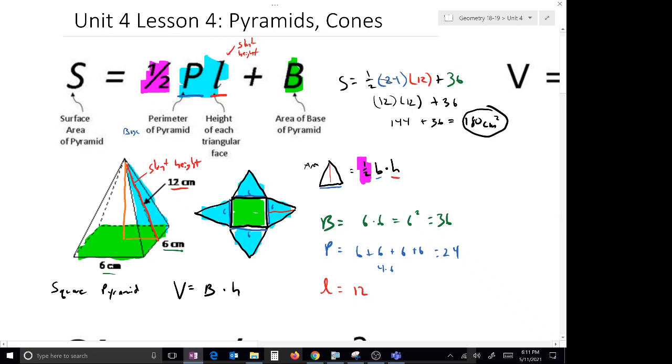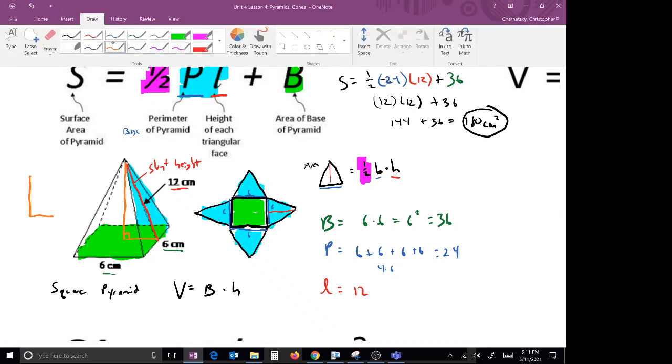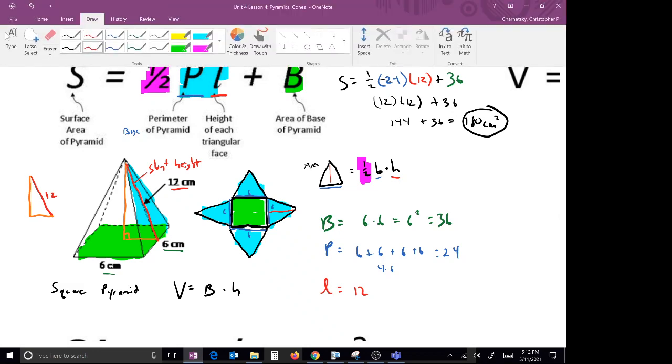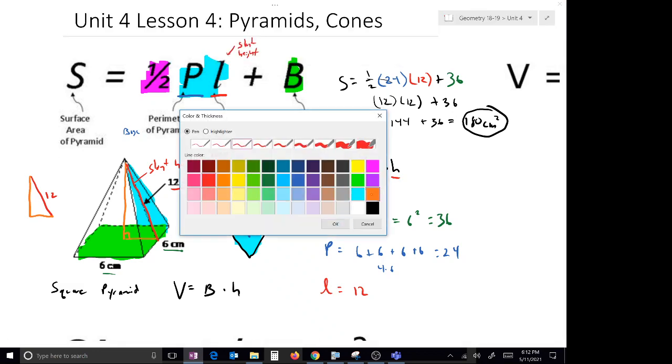The nice thing about this, though, is if you're not given your actual height, you're given the slant height, we can actually still calculate this because this forms a right triangle here. And so we can do Pythagorean theorem to find the rest.